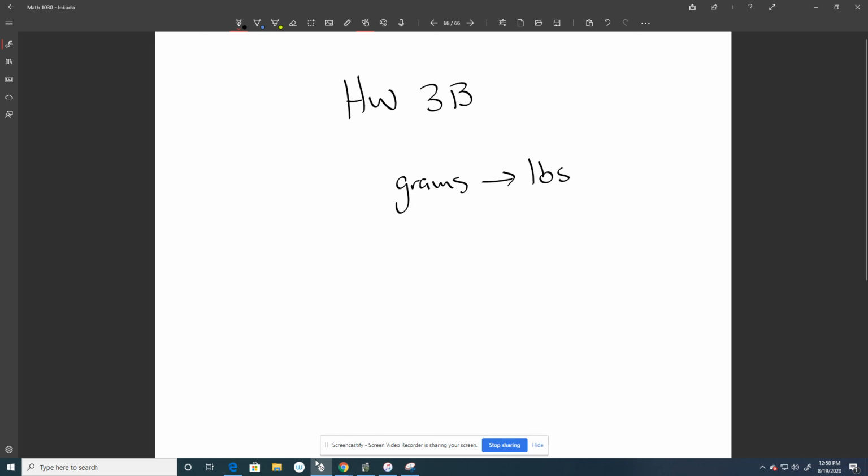I don't have that memorized, and I don't expect you to have that memorized, but if you don't know the unit conversion, go ahead and just look it up. We will work on this in class. So if you're planning on being in class, we'll do these problems in class. You can ask questions. Otherwise, do it at home. If you have questions, you can email me or come by the room.